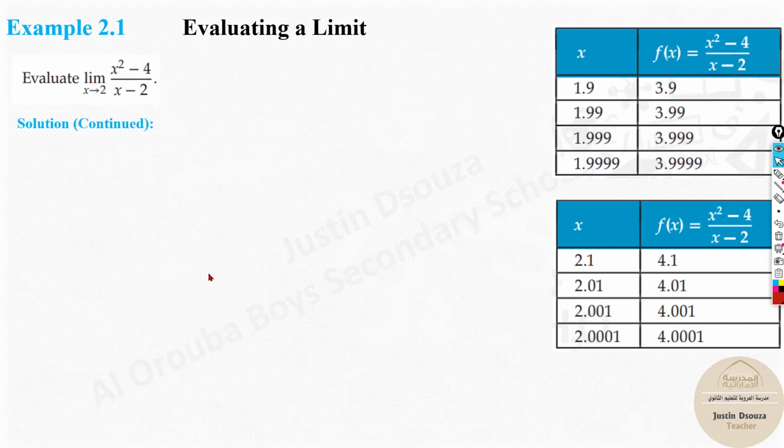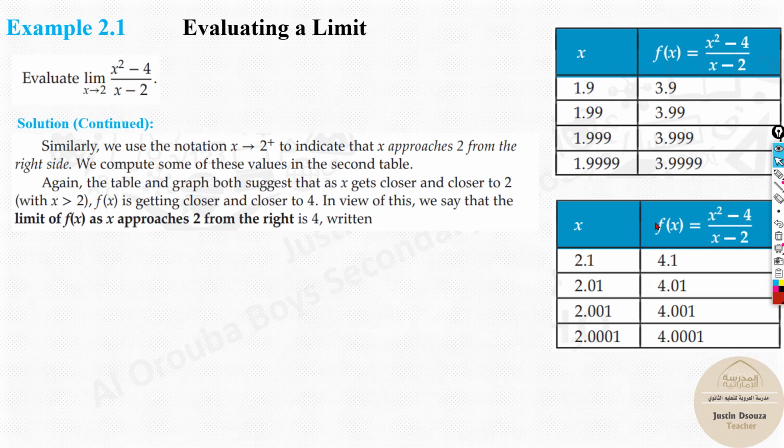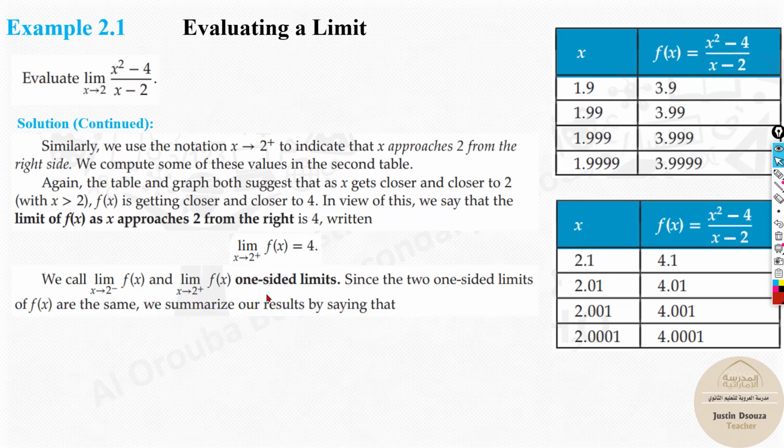Okay, same way. Now we have the tables, right? Let's see over here. The limit of f of x as x approaches 2 from the right side is also 4. From the right, that means these values, 2.001. This is the plus sign. Now here, these two limits, plus and minus, from the left side and the right side.